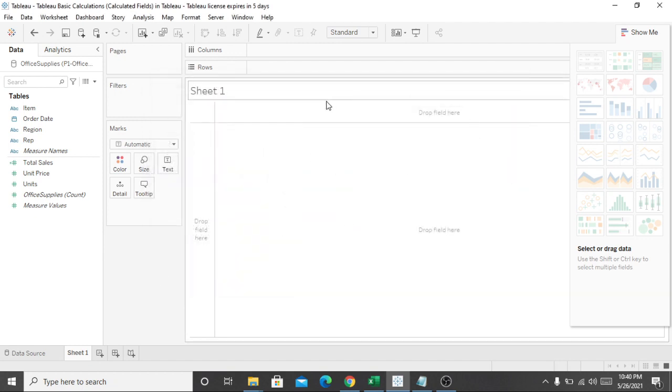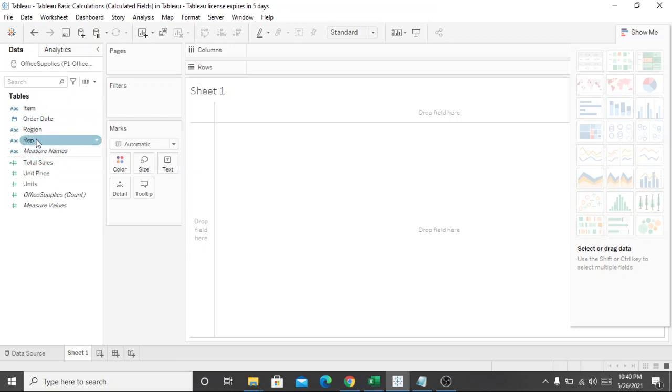So let's see how we can do the basic calculation in Tableau, depending on how much sales has been done by each and every representative, and in which region: the east region, southern region, or the central region. Let's see how we visualize according to the data.